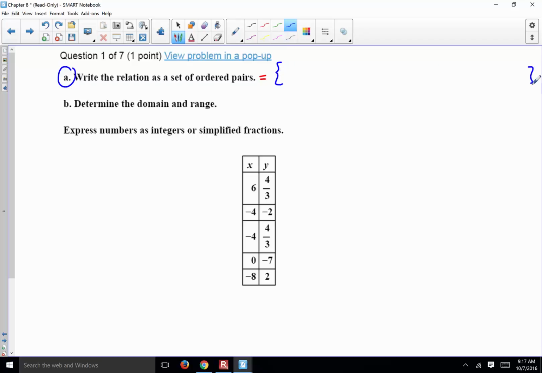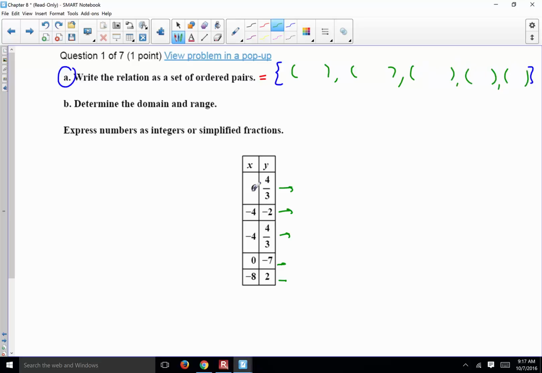You start with curly parentheses, set parentheses, and you pair each row and column into parentheses. How many parentheses do I need? How many sets? 1, 2, 3, 4, 5. I see 5 pairs here.